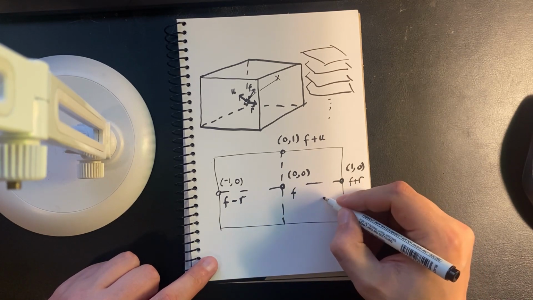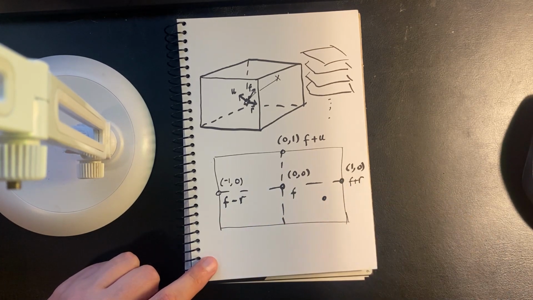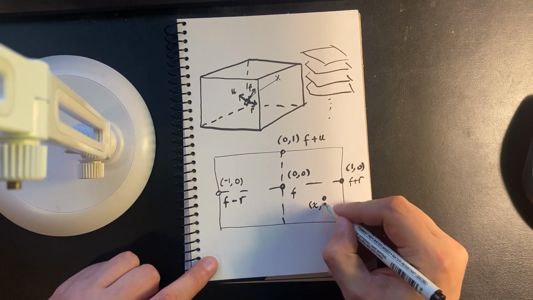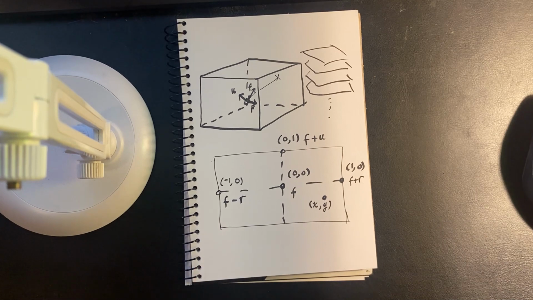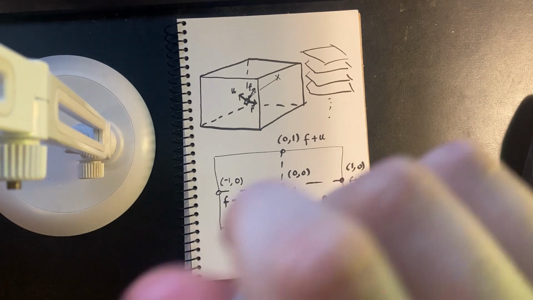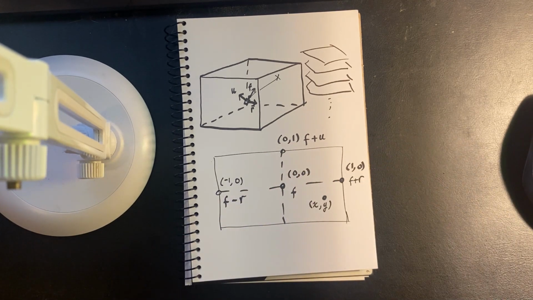So, given some point at random with coordinates x, y, what is the expression for the direction from the camera that goes through that point?